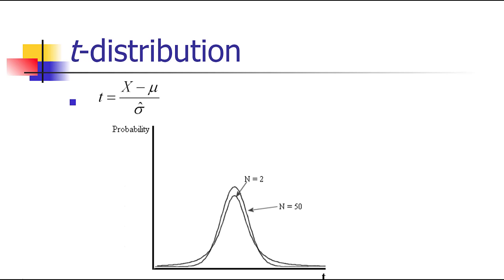The t-distribution looks a lot like the normal distribution, but it has somewhat thicker tails. However, it will asymptotically converge to a normal distribution as the number of observations tends towards infinity, because the estimator for sigma turns out to be consistent.